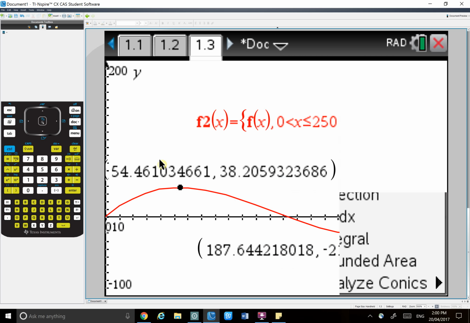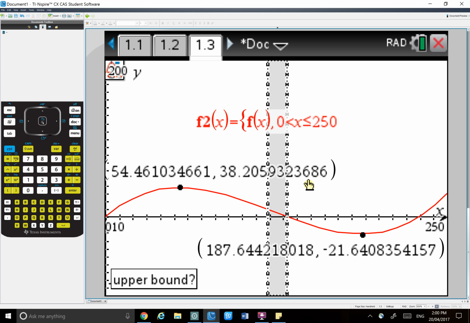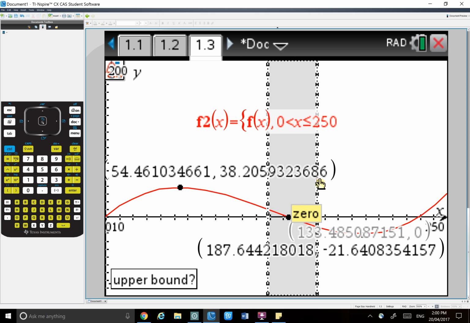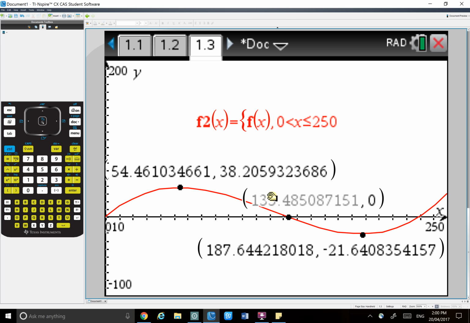You want to solve for y equals 0, and then you go to the left, you go to the right, and you have 133.485, 0. It's not asking you to do that, but I'm just showing you how to use this tool.